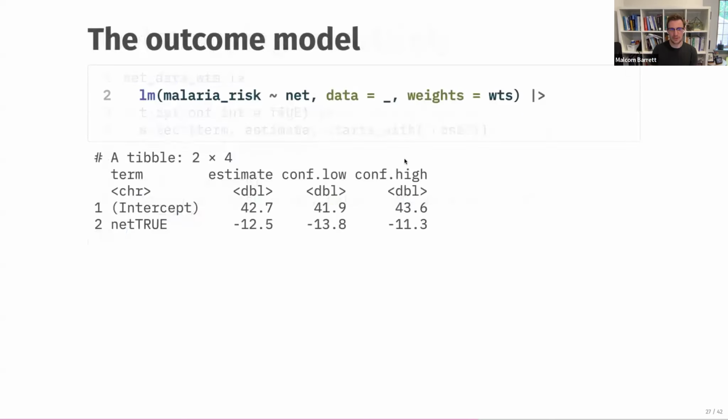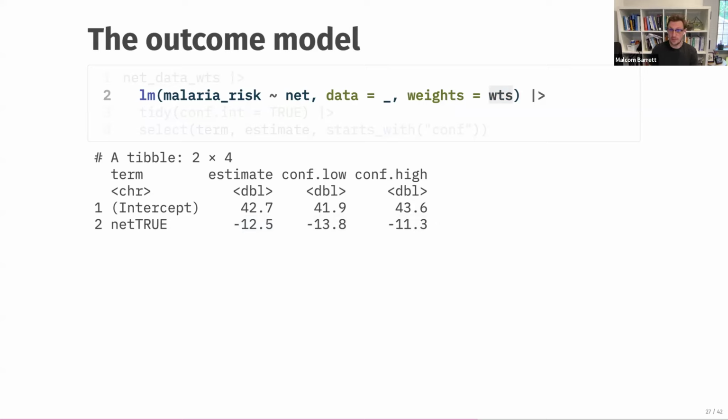We do have a little bit of a problem, though, which is that hopefully this effect estimate is right. We've got our fingers crossed that we've got everything correct up until this point. So hopefully this point estimate is correct. But these confidence intervals, the standard errors from the linear regression model, are treating these weights as if they're frequency weights, something that you might see in a survey population or the like, where those weights are fixed.